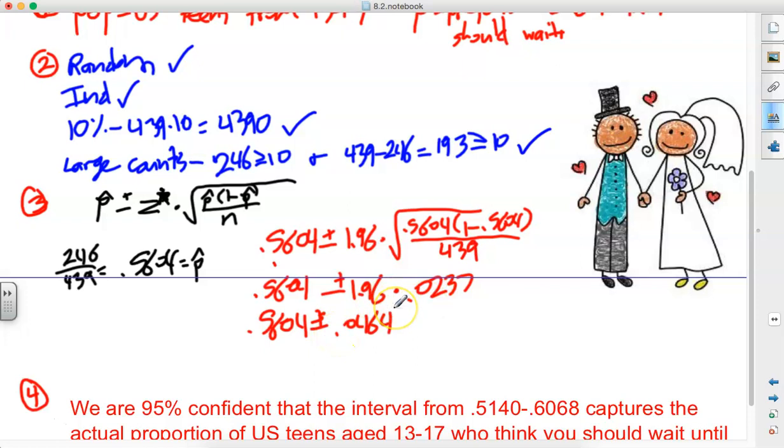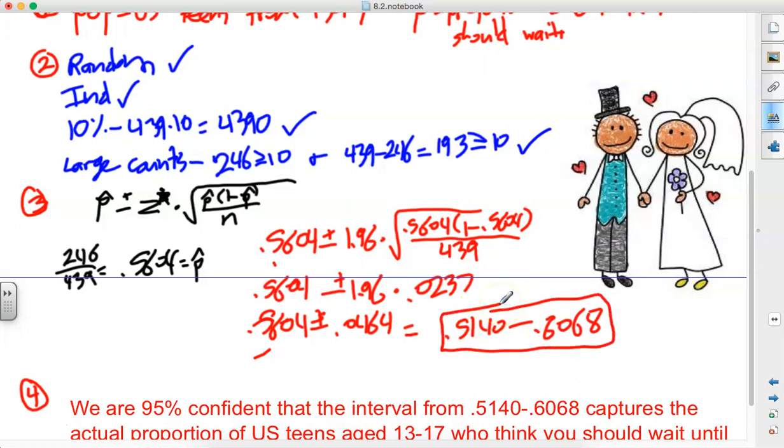If you type that, you're probably going to get something a little bit different because the numbers might have been rounded off, but it should be about 0.0464. Now when you subtract it and add it, you get a confidence interval: 0.5140 when you subtract it, and 0.6068 when you add it. This is our confidence interval that we can be 95% confident in.